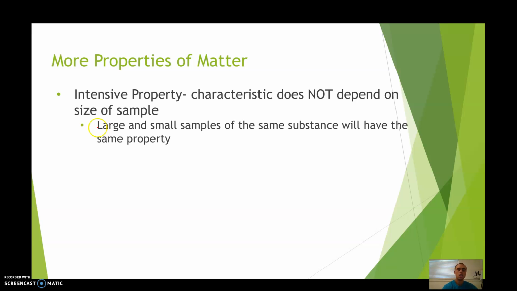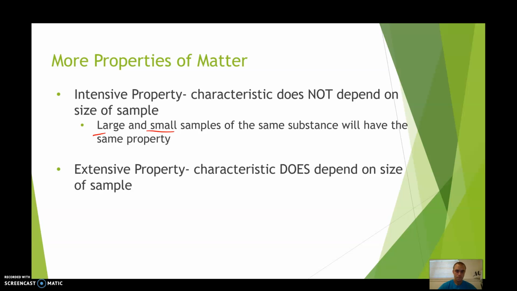Large and small samples of the same substance will have the same property. Extensive properties are the exact opposite. So this characteristic does depend on the size of the sample. So a large and small sample of the same substance will be different.